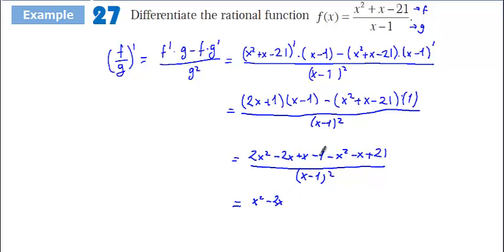It's going to be minus 1 and plus 21, it's going to be equal to plus 20. Then this is going to be over x minus 1 squared. So this is the derivative of the division.